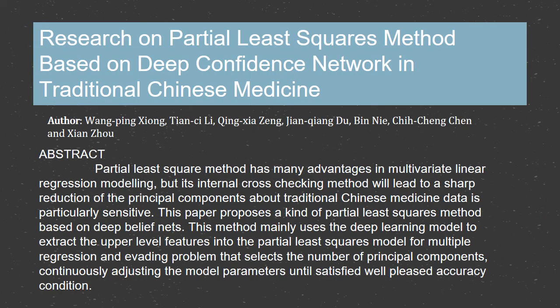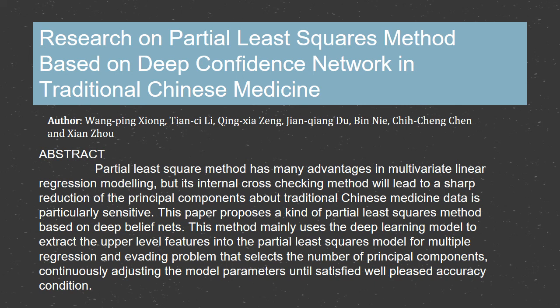Research on partial least squares method based on deep belief network in traditional Chinese medicine. Authors: Wang Pingxiong, Xiangsi Li, Qingxia Zheng, Xiang Qiangdu, Qingqing Chen, and Shen Zhu. Abstract: The partial least squares method has many advantages in multivariate linear regression modeling, but its internal cross-checking method leads to a short reduction of principal components, which is particularly sensitive for Chinese medicine data.